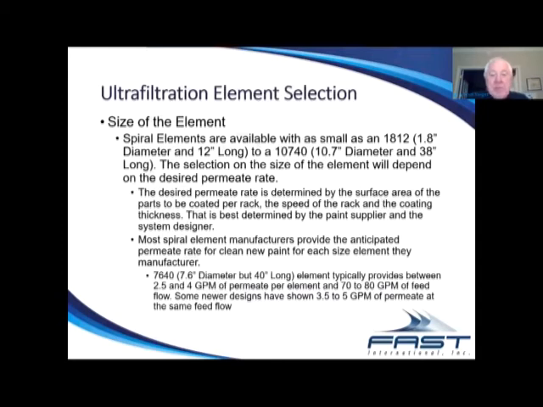An example is a 7640, which is a very common element in the industry, a 7.6 diameter by 40 inches long, typically provides between 2.5 and 4 gallons per minute of permeate per element and requires 70 to 80 gallons per minute of feed flow.